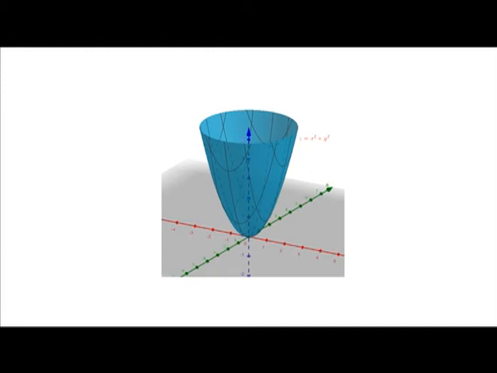The cross sections by planes containing the z-axis are congruent parabolas with a common focus at the point (0, 0, 1/4). In general, we note that the graph of a function f of two variables is a surface in space. With this observation, the graph of f(x, y) is called the surface z = f(x, y).